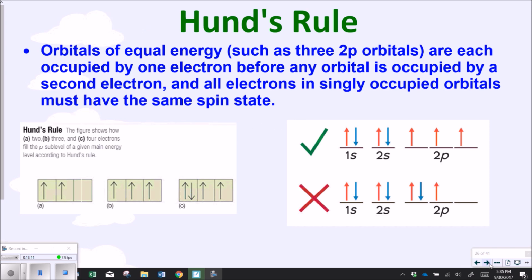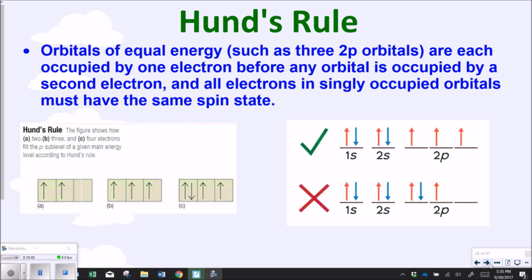Hund's rule states that orbitals of equal energy, such as the three 2p orbitals, are each occupied by 1 electron before any orbital is occupied by a second electron, and all electrons in singly occupied orbitals must have the same spin state.